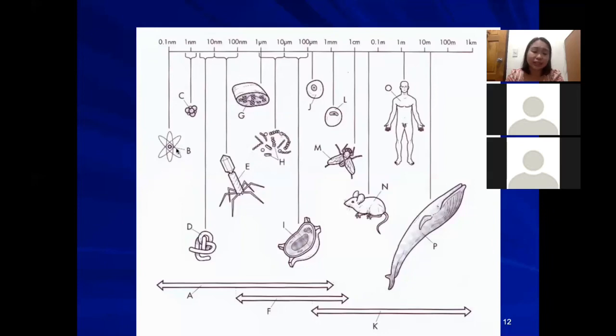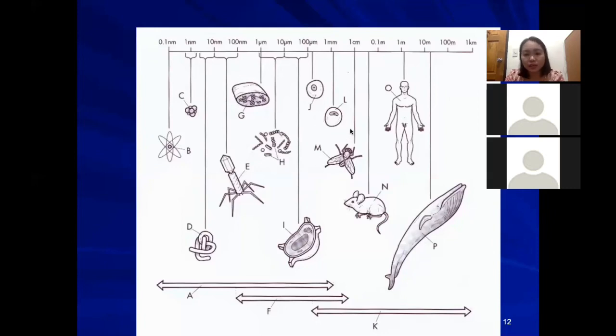As you can see here, like viruses or bacteria. This is a symbol of a virus, and these are the smallest particles or organisms we can see.